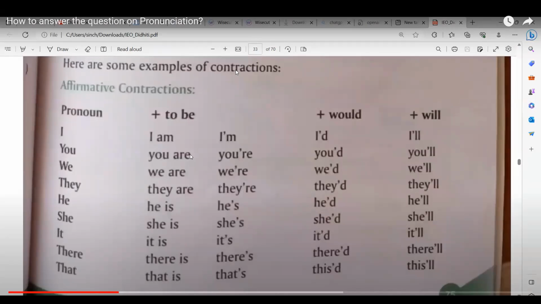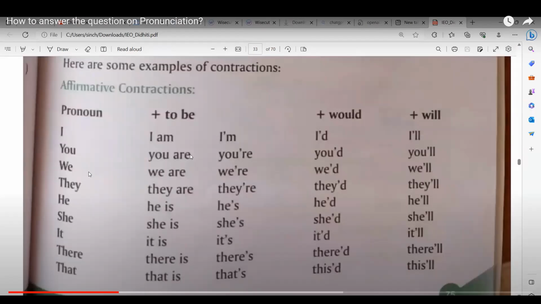Okay, now Shruti, can you explain the next part? Ma'am, I can tell. Yes, tell me, Devanshu.